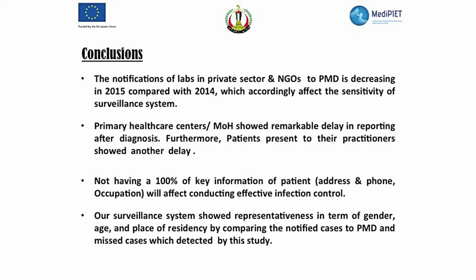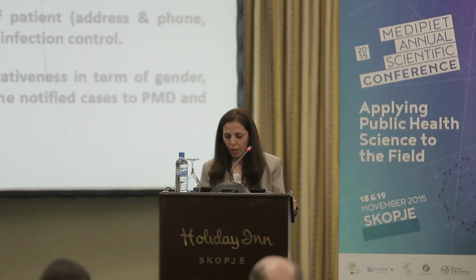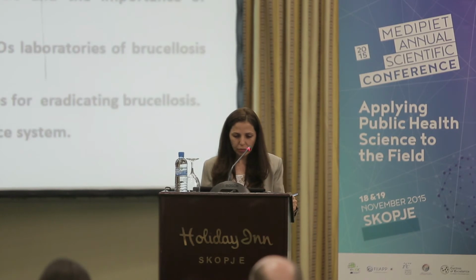Not having 100% of key information on patients, like address, phone, and occupation, will affect any response action. Our surveillance system showed representativeness in terms of age, gender, and place of residency.